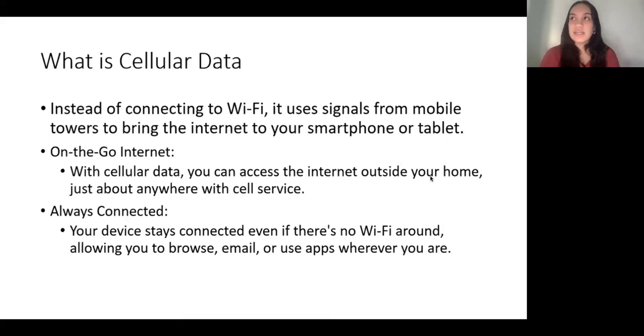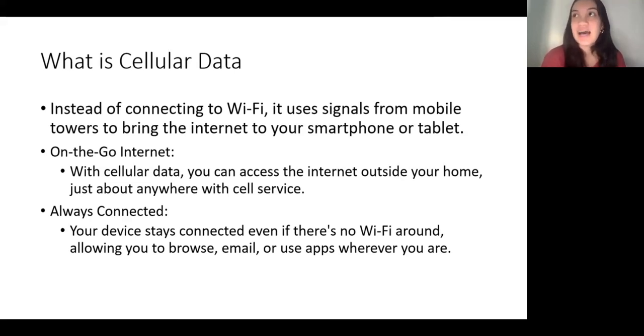So instead of connecting to Wi-Fi, cellular data uses signals from mobile towers to bring internet to your smartphone or tablet. So those are the two key things that we need to remember for today: cellular data only gives us connection to smartphones and to tablets.